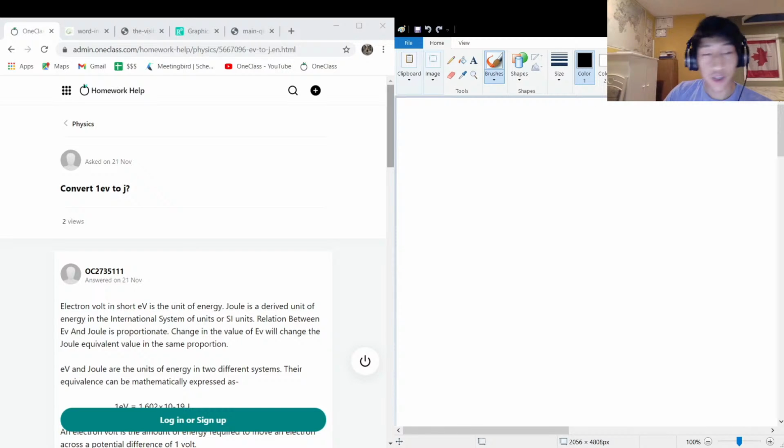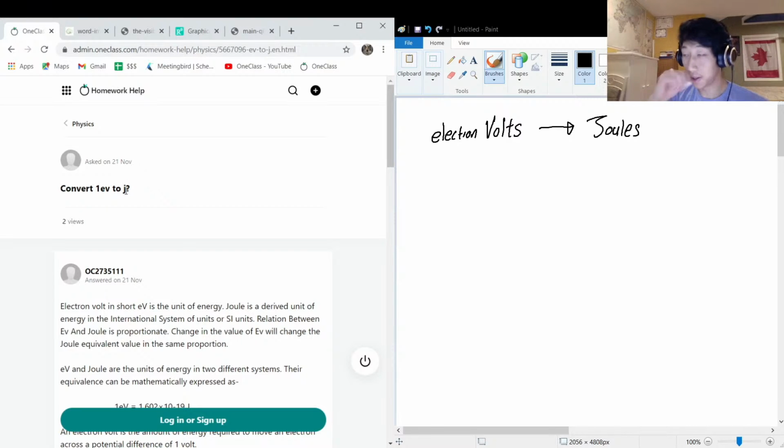You get it? Cool. So the first question that we got today is convert 1 electron volt to joules. I'm going to assume that's supposed to be a capital J because joules is with a capital J for that unit.